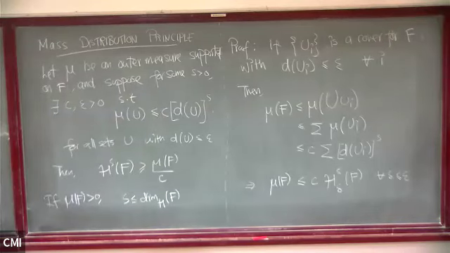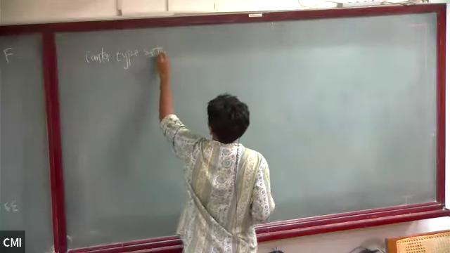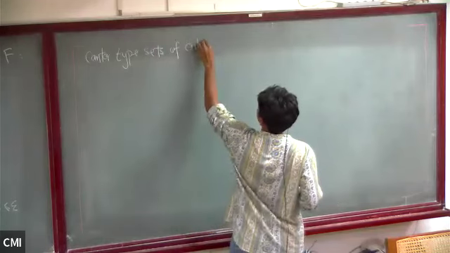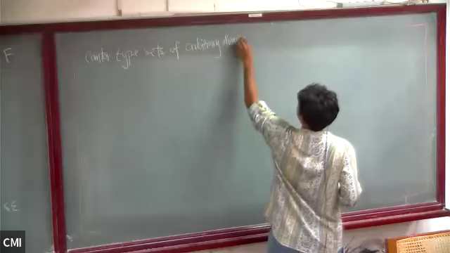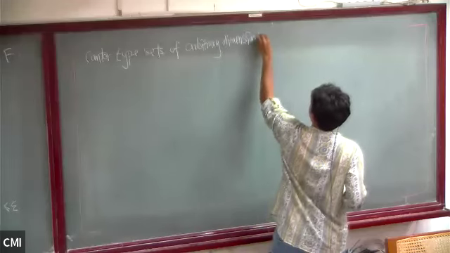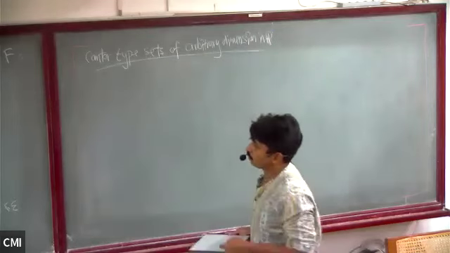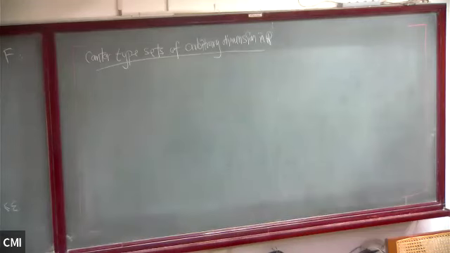I'm going to look at certain Cantor type sets of arbitrary dimension in R, and we would like to use the mass distribution principle to compute the Hausdorff dimension of these sets.